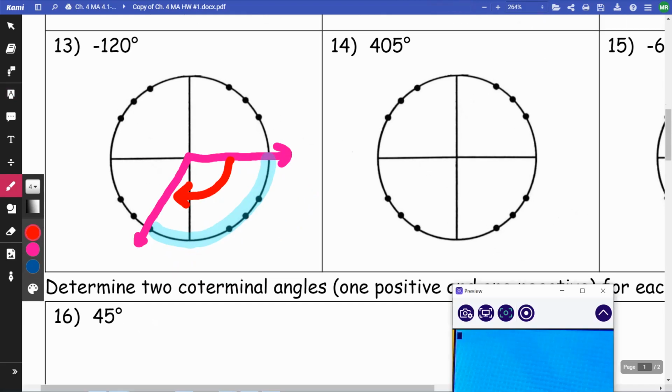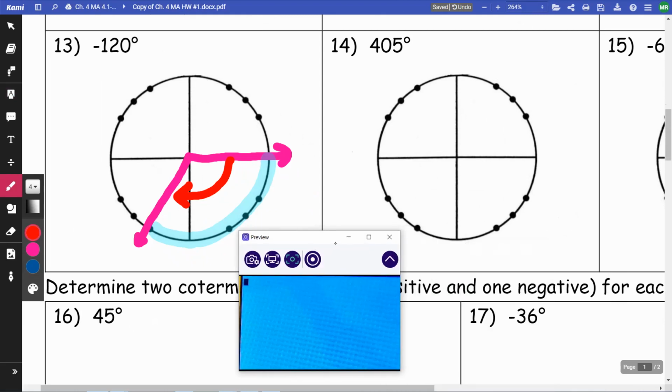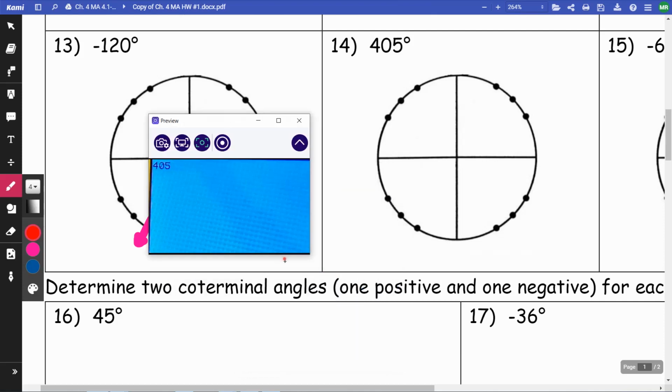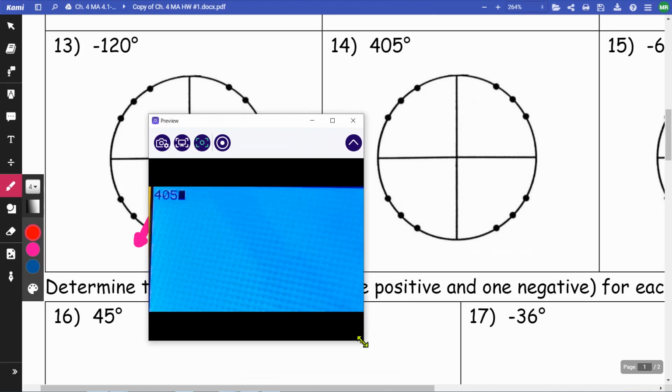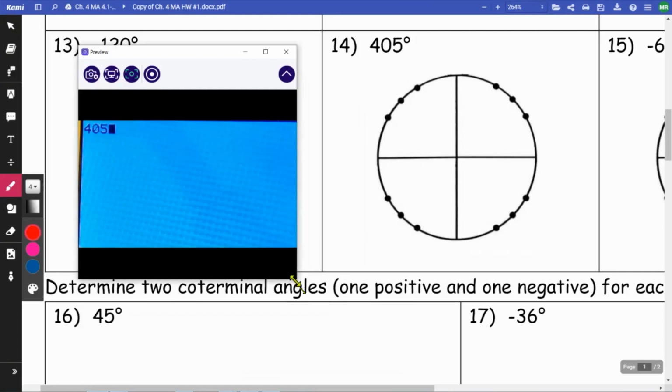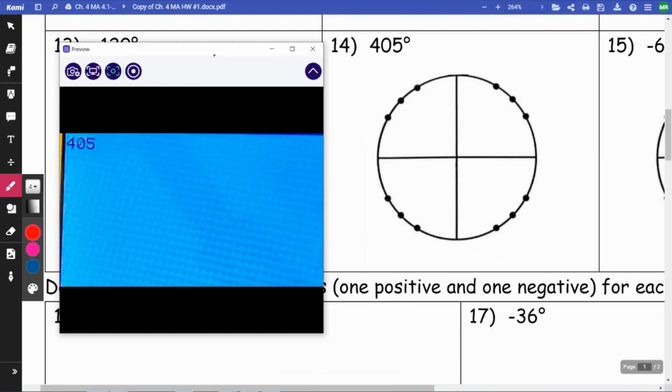Now for 405, I'm going around the unit circle more than once. So if I take 405, and let me make this a little bigger here. Okay, so if I take 405 and I subtract 365 from it, 365, wow, I'm thinking days of the year.